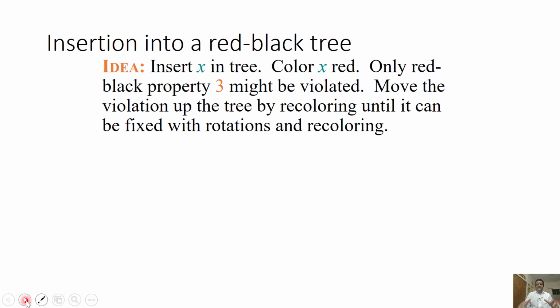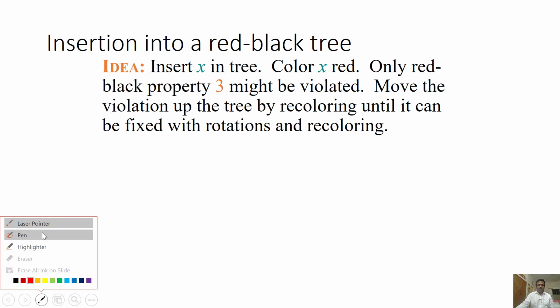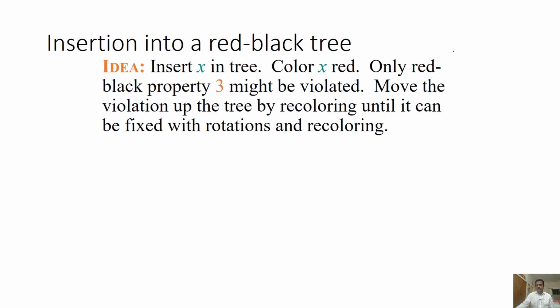We are given a red black tree that is already a balanced tree. This data structure is dynamic. Now, suppose we want to insert a node X in the tree. Given a tree, if we insert a node, it will be a binary search tree insert. So, we compare with the root.